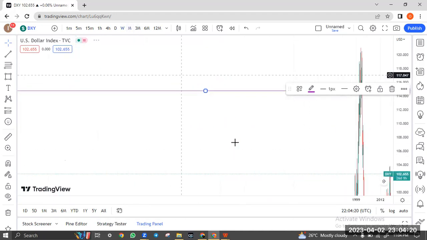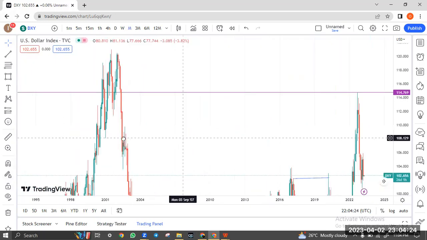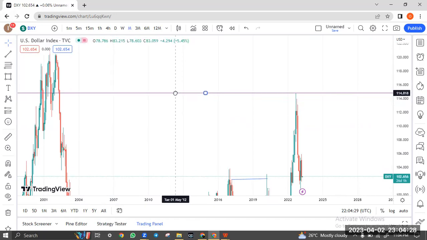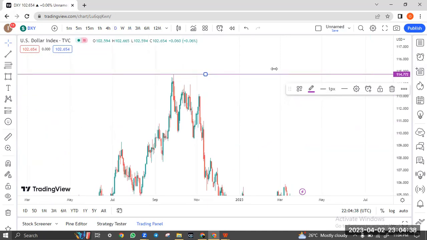So let me go to higher time frames and I look. So this is another form of rebalancing and imbalance on a higher time frame, which is taking me to higher concepts. So let's just stick to what we are doing now.